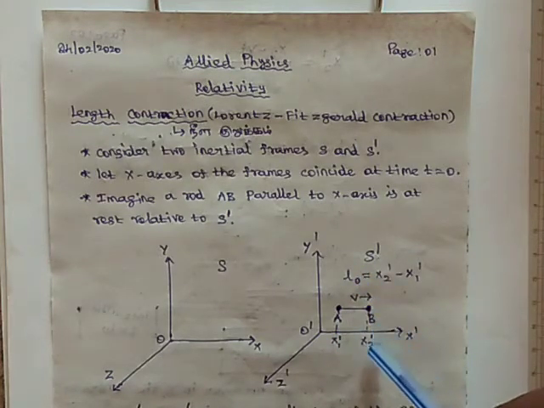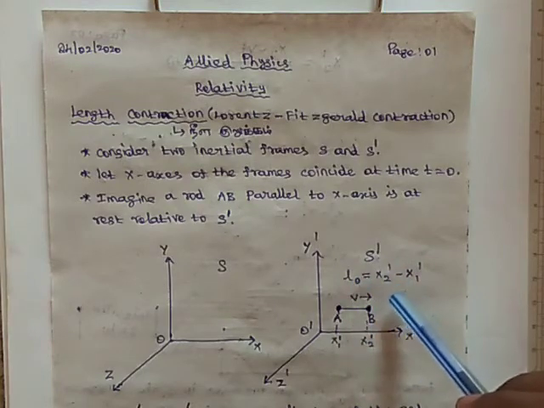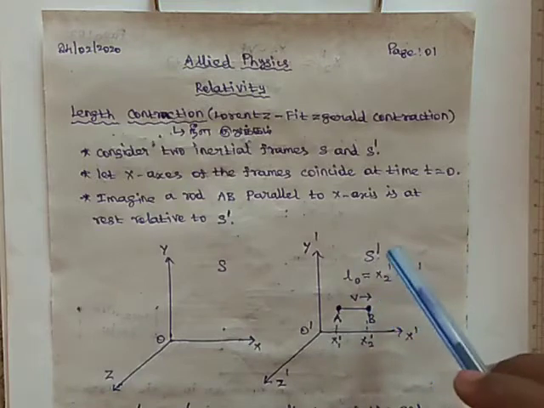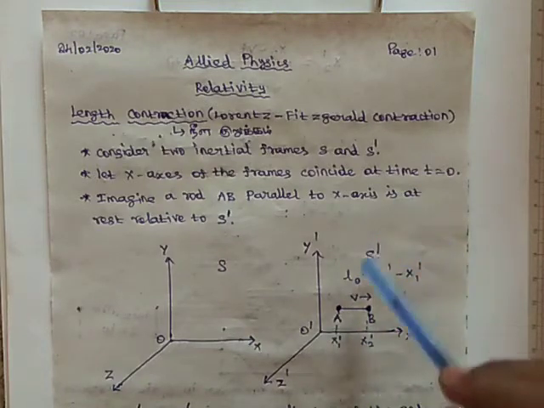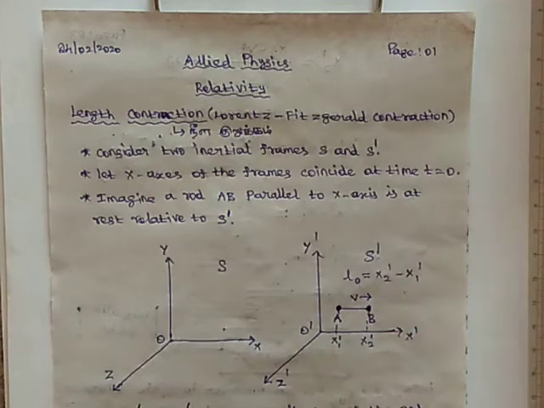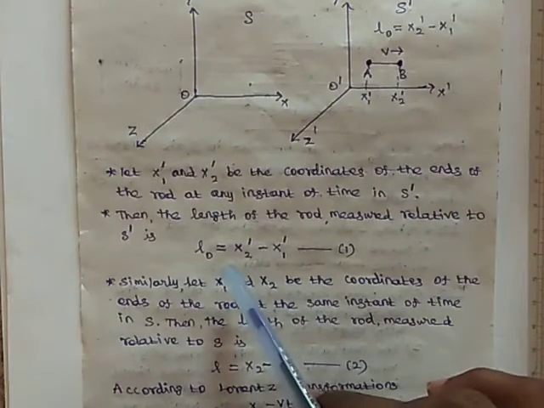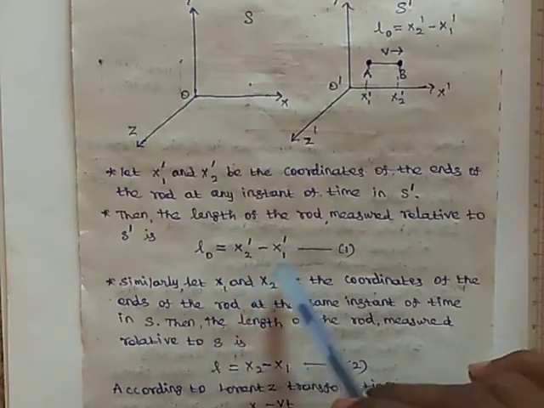So the final point minus the initial point gives the length of the rod. So L naught is equal to x2 prime minus x1 prime. That is the length of the rod in frame S prime, which is moving with a constant velocity v.